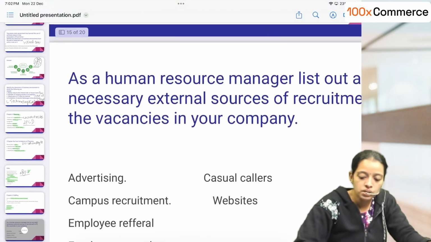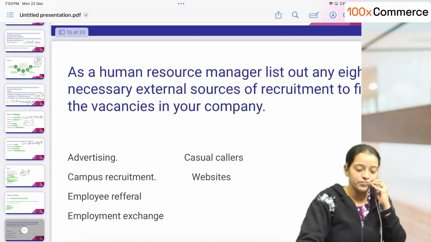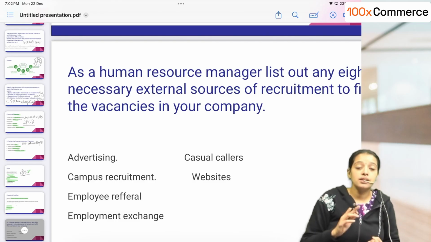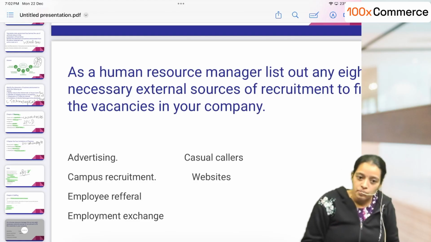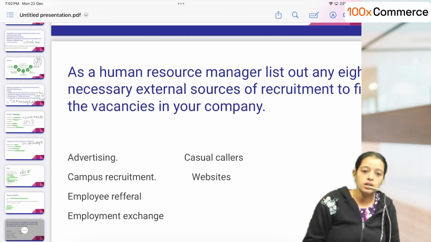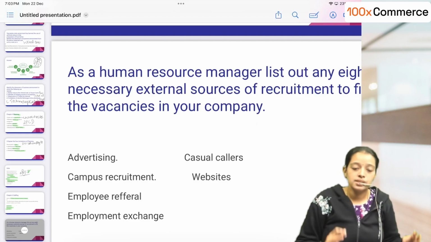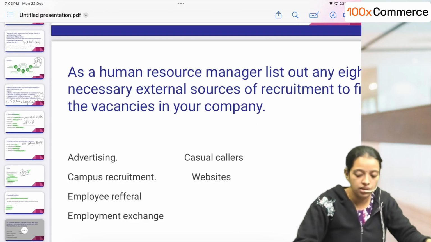As a human resource manager, list out any 8 external sources of recruitment. Advertising, campus interview, advertise on TV or magazines, employee referral, employment exchange, casual callers, contract labors, websites. Any 8 of these points you can explain according to your convenience.